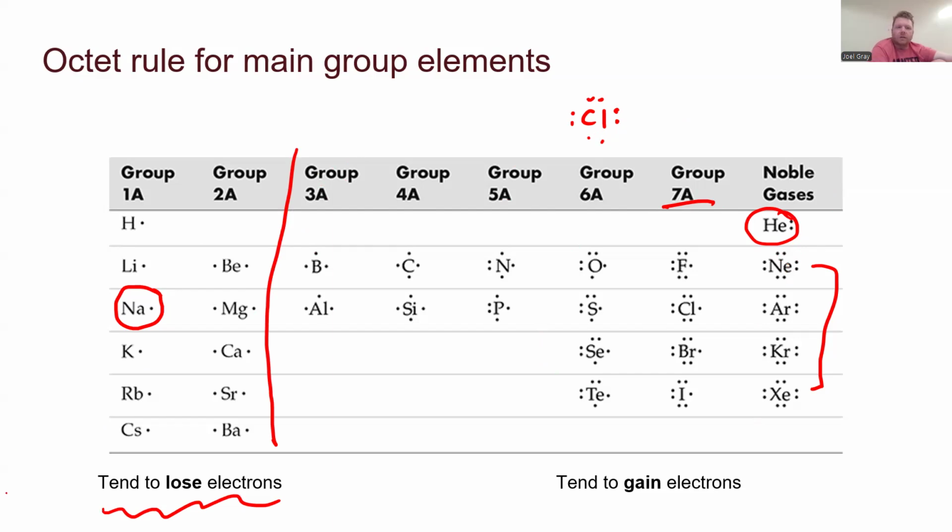So these guys over here on the left-hand side like to lose electrons. It's almost as if, let's say that sodium's a basketball player in high school, and they're pretty good. They are a senior, on the varsity team, and a good player.